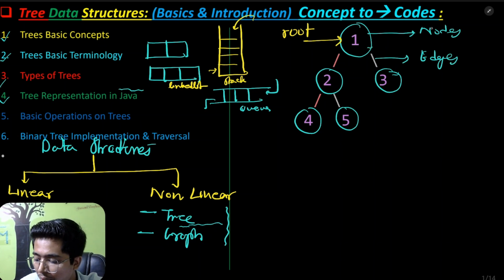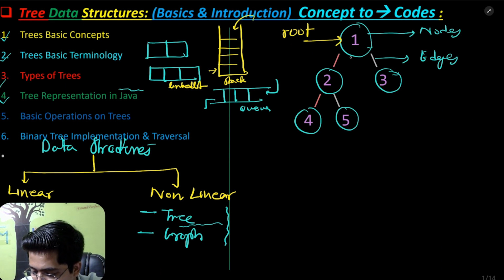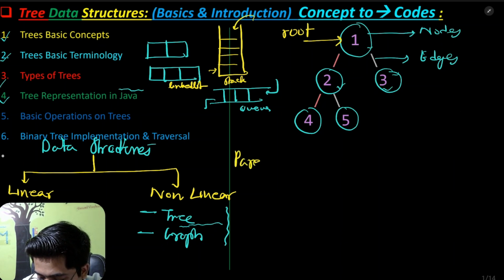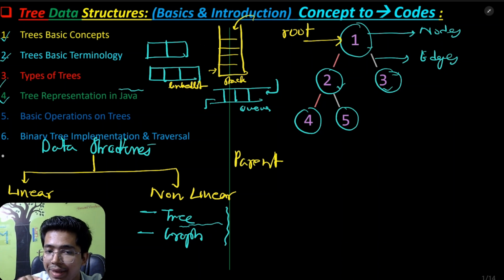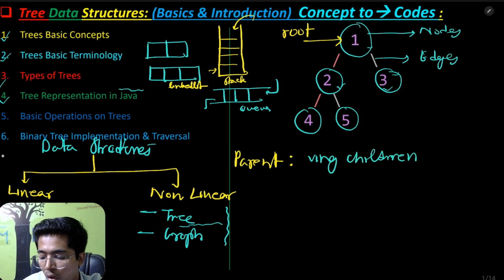Now all the nodes that have children. As you can see, this one has the children 2 and 3, so we call it the parent of 2 and 3. Let's understand parent. Parent is not a particular term for any one node; it is a relative term. If something has children, then we call it the parent of those children.